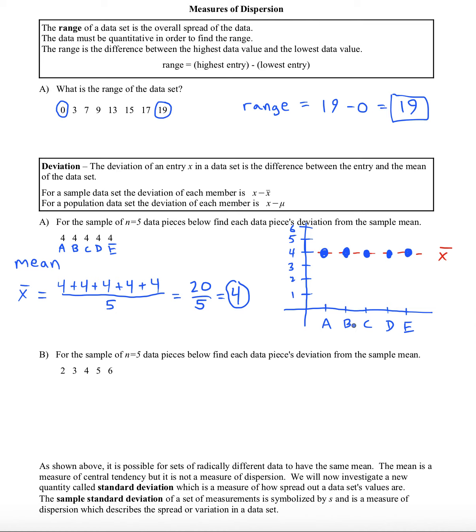I bring up that simple example because now we'll try it for a data set that does have variation in it. Let's label our samples again. A, B, C, D, and E. We'll calculate the mean of this set.